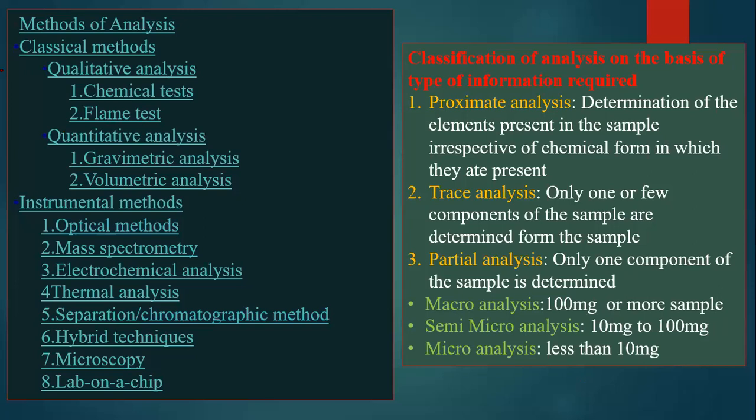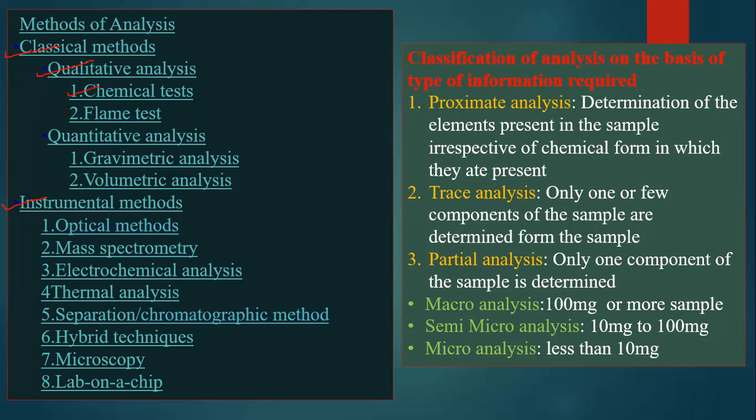So here in your syllabus, I told you there are two methods: one is the classical method, another is the non-classical method. Non-classical means instrumental method. In the classical method, you carry out qualitative analysis with the help of chemical tests, which you carry out in your chemistry laboratory in the general practical.